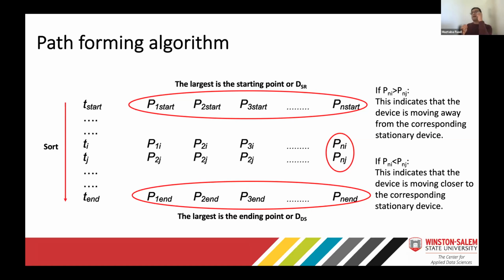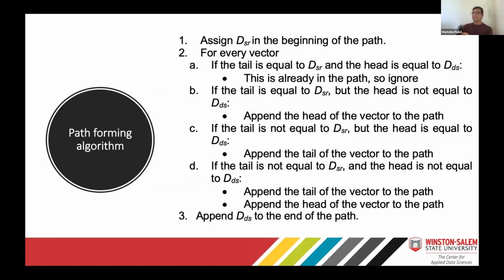Each vector has a source and a destination, a head and a tail. Next we look at those heads and tails and start merging them with one another, and then we get a path, a sequence of stationary devices through which this mobile device is moving in that indoor space.